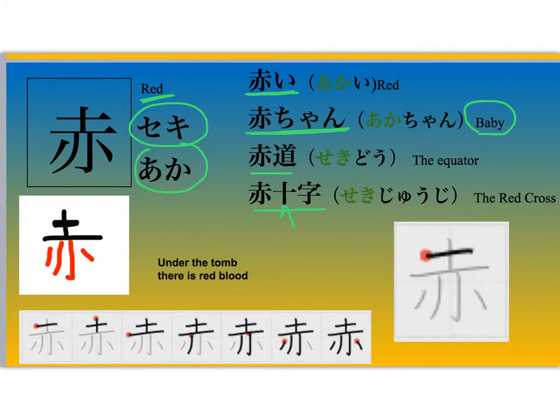So these actually are read the way you think they would be read. A strategy for this one is under the tomb, so that's kind of like a tombstone on the top, there is red blood. In any case, it's 1, 2, 3, 4, 5, hook there, 6, 7.